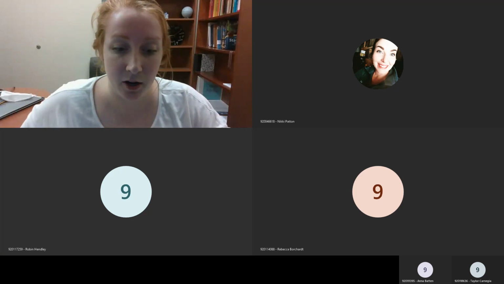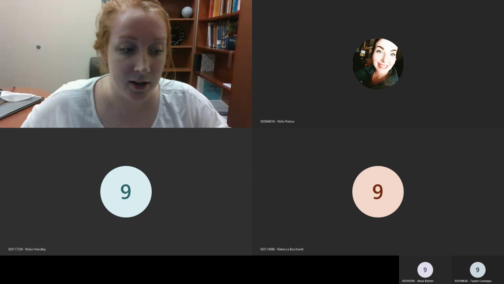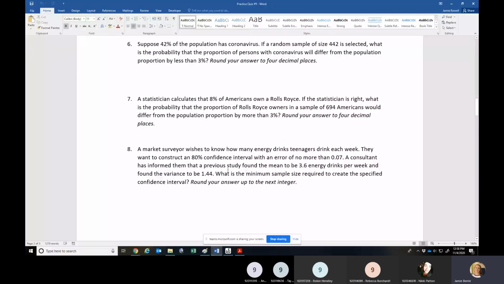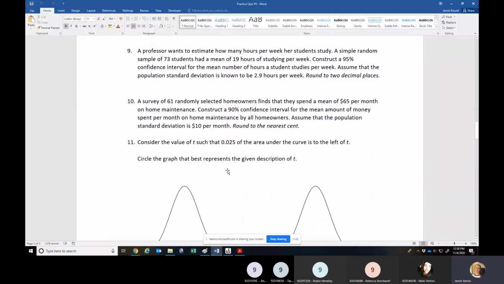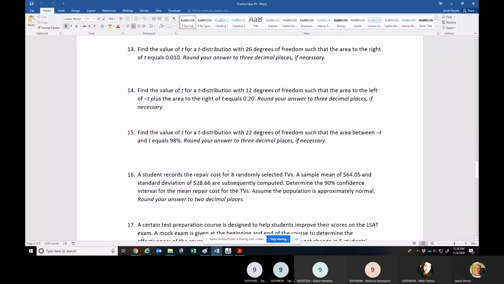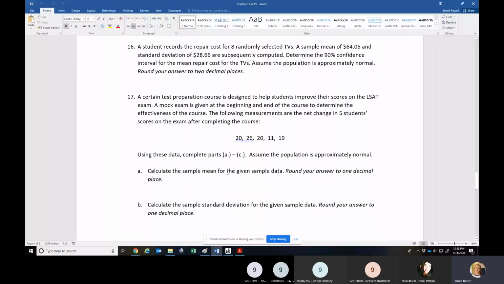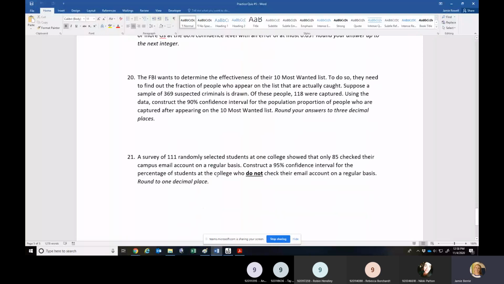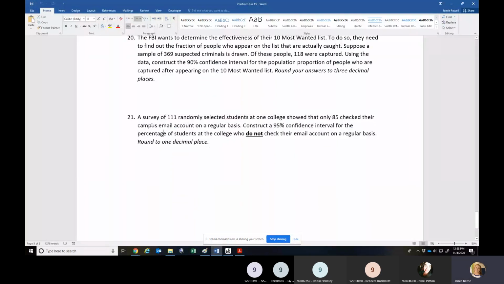Let me think. Like I said, there's one problem I wanted to mention to y'all. I'm going to flip my screen back over real quick and show you that one problem. It's not tricky, but there is a little extra step you have to do. Make sure you know how to do these, where you're given a little data set. Right here, this last question on the practice quiz.